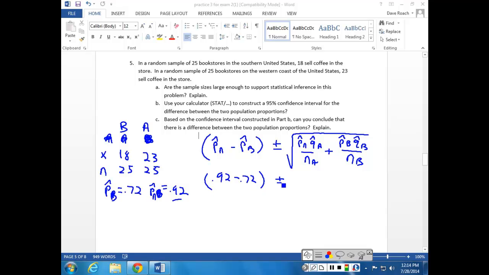plus or minus the square root of 0.92 times 1 minus that, 0.08, over n of 25, plus for B, 0.72 times 1 minus that, 0.28, over n.